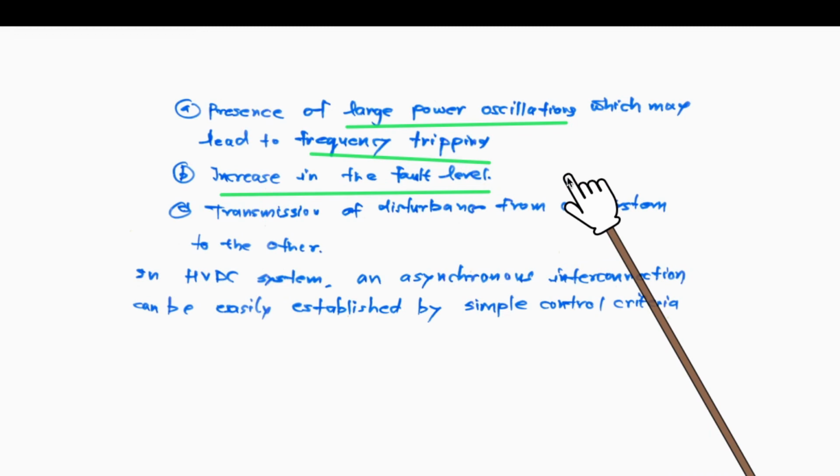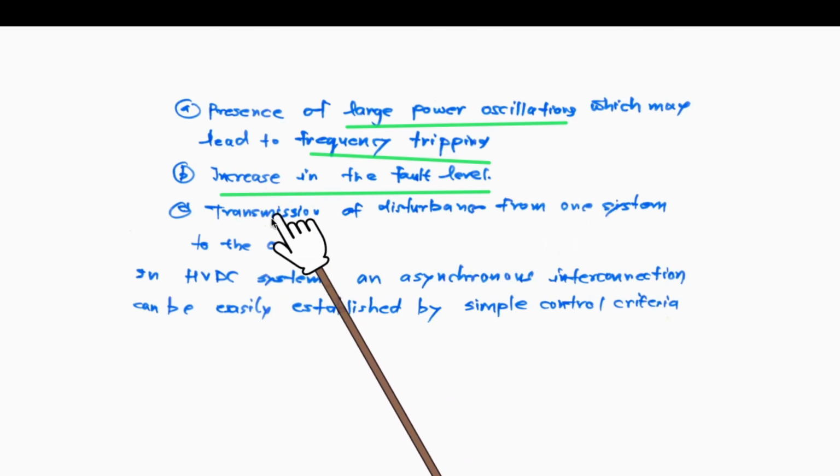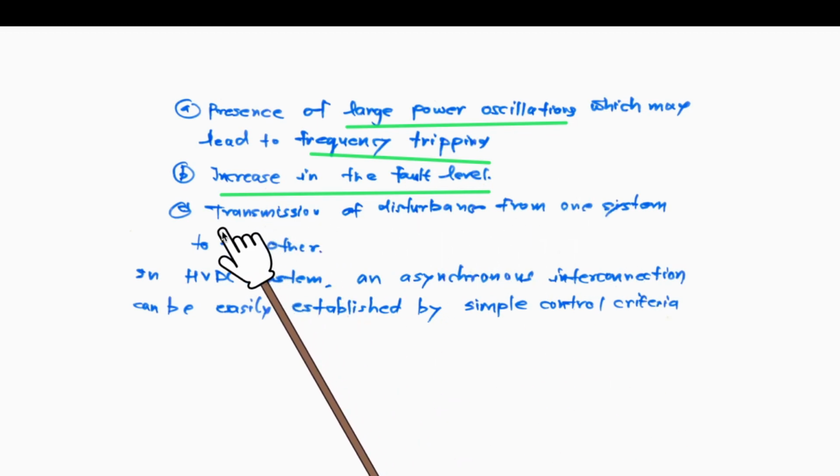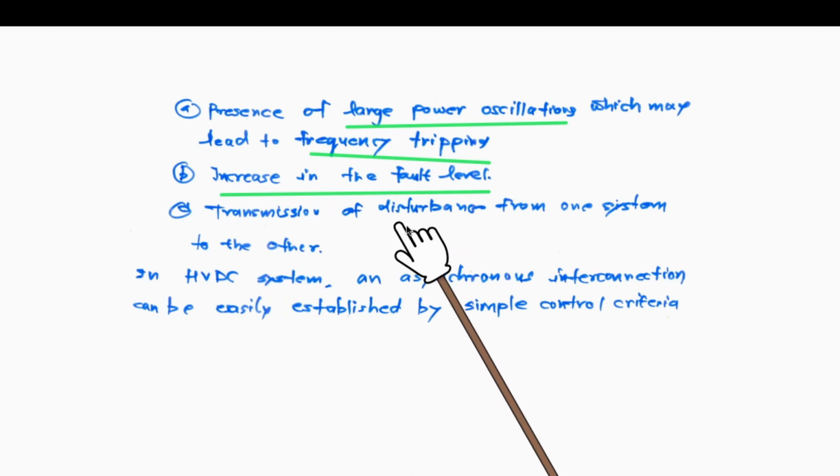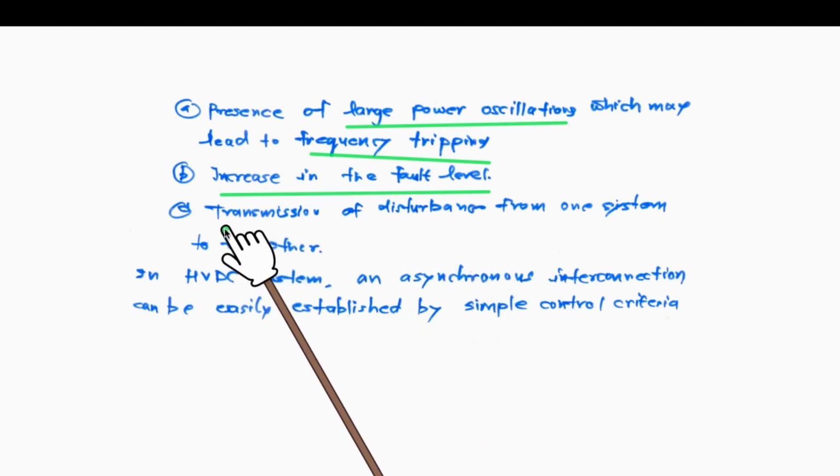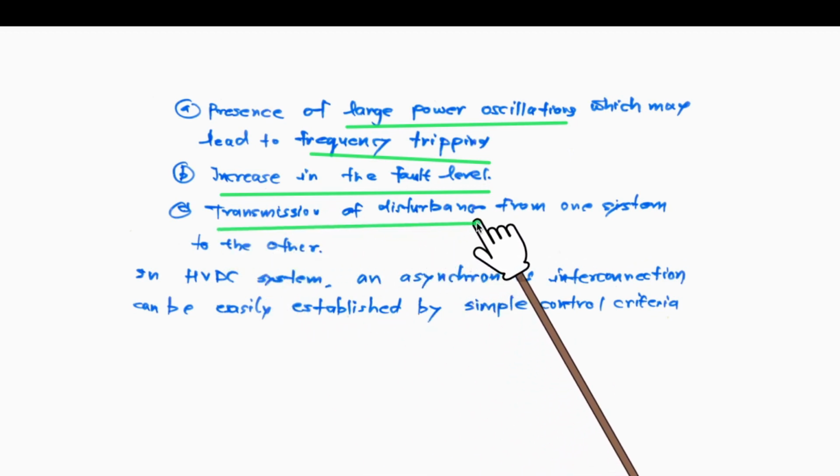Okay, impedances will come in parallel, current level will increase, fault level will increase. And transmission of disturbance, जैसे अगर समझो एक सिस्टम में फॉल्ट हुआ तो दूसरे में भी वो अफेक्ट करेगा. एक सिस्टम में फॉल्ट हुआ तो it will draw current from the other also because they are interconnected.